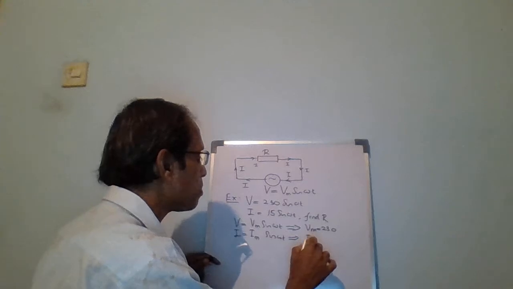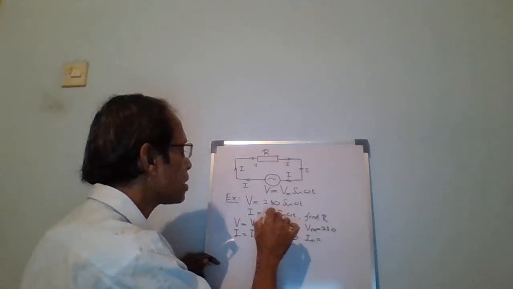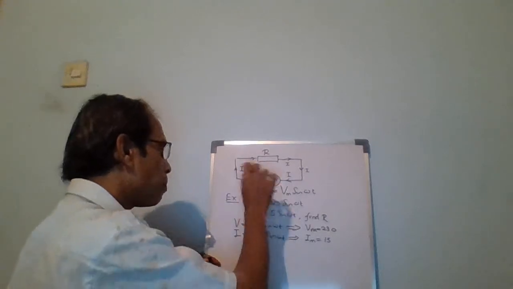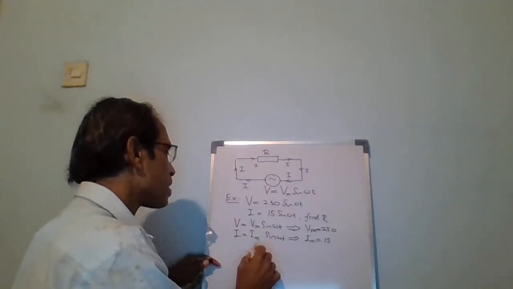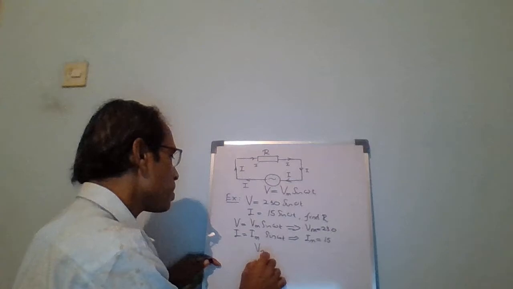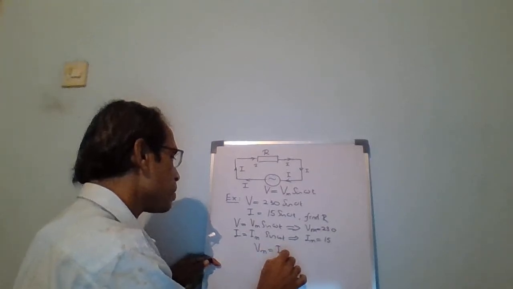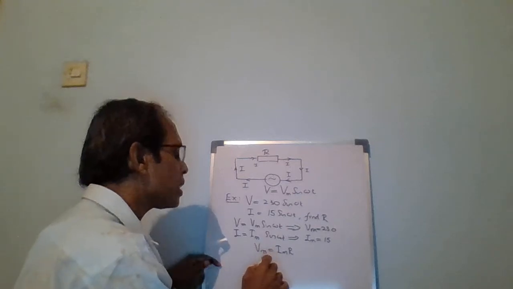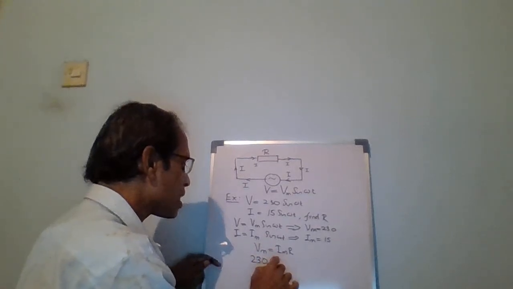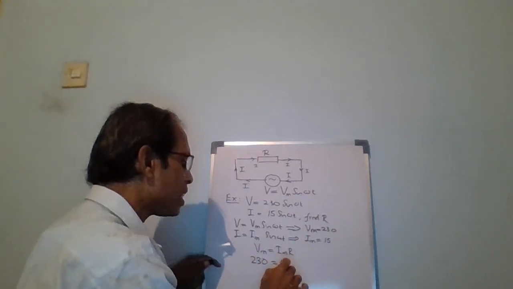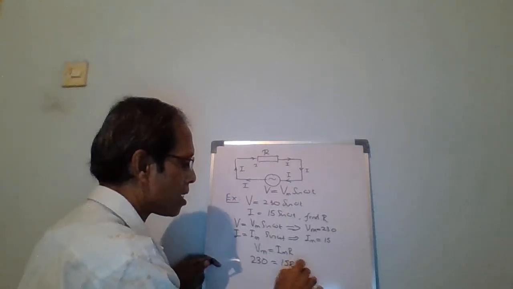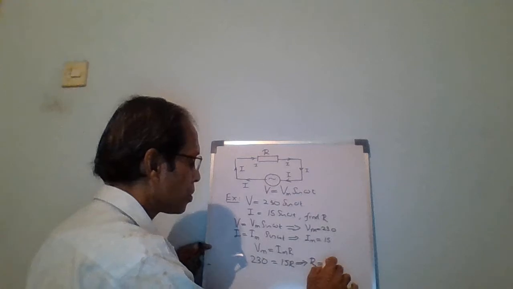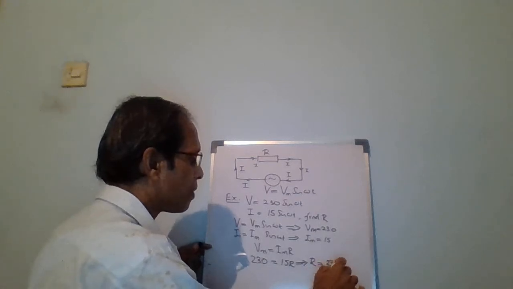Then Im is equal to 50 by this problem. If you apply V equals IR, Vm equals Im into R. Then Vm is equal to 230, Im is equal to 50, so R is equal to 230 divided by 50.